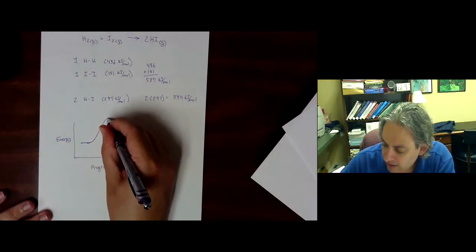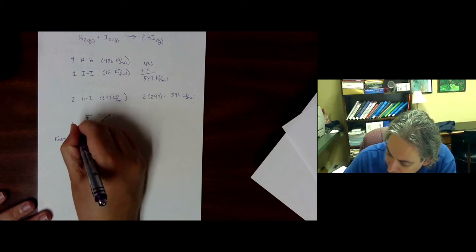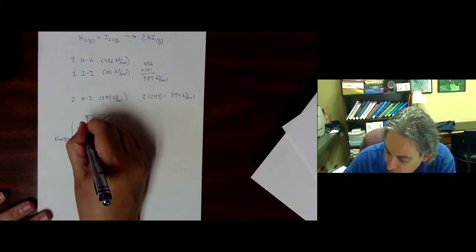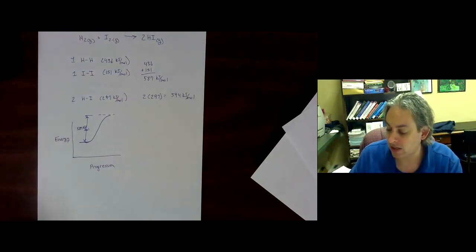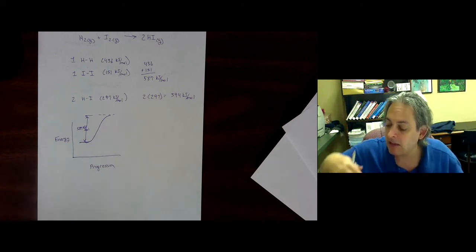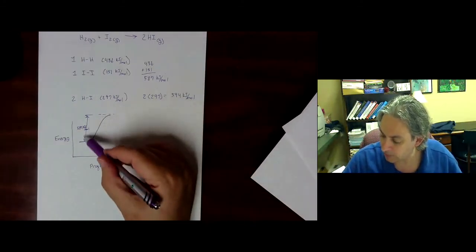And so we have to increase this by 587, and so this right here ends up being 587 kilojoules per mole. So we had to put 587 kilojoules per mole of energy into this reaction. And then when the reaction happened, 594 kilojoules per mole was released. Now that's going to be a little bit more than this.